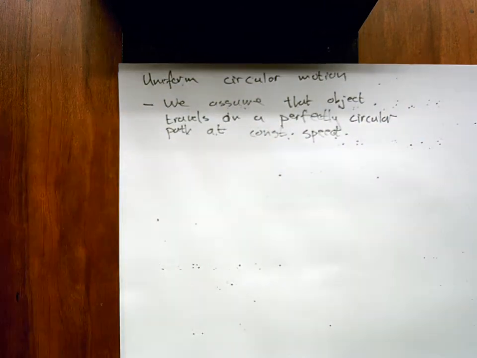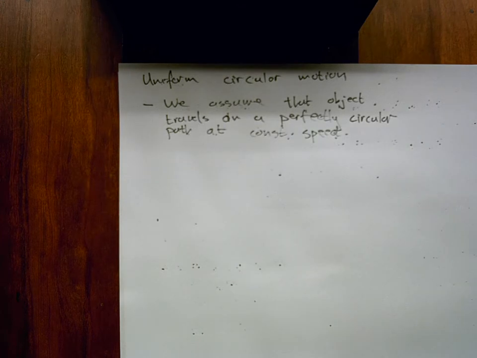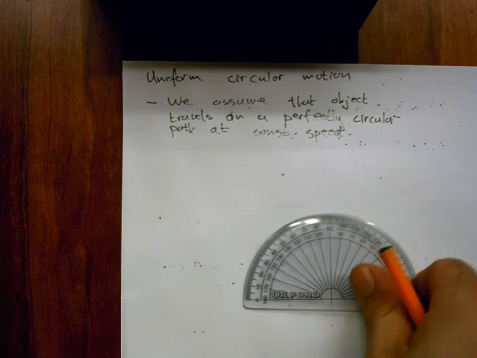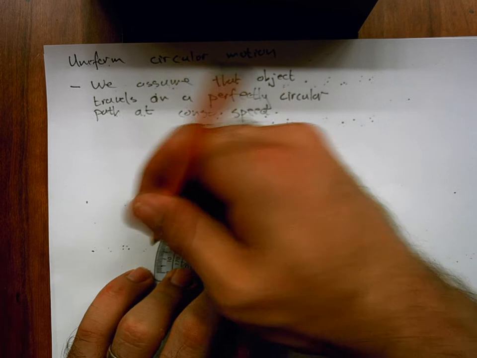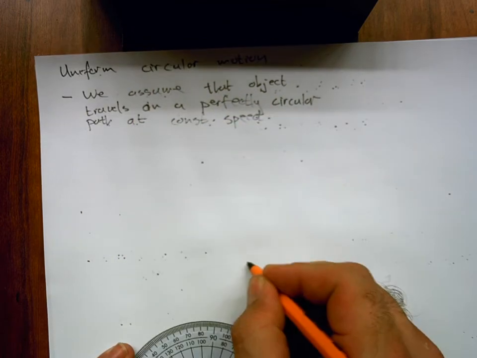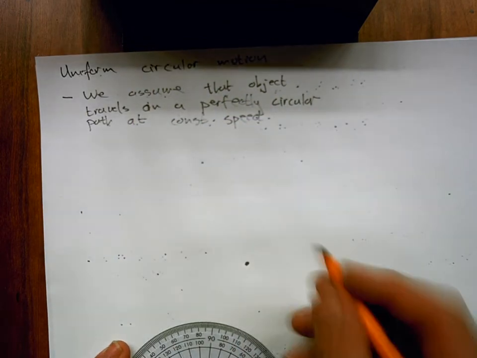Let's see, I'm going to have to switch planes. Okay, so what does this mean? I'm just going to draw a nice picture for you. I've got this protractor over there. So if I just draw a part of this circular path, let's first choose a point of origin over here.